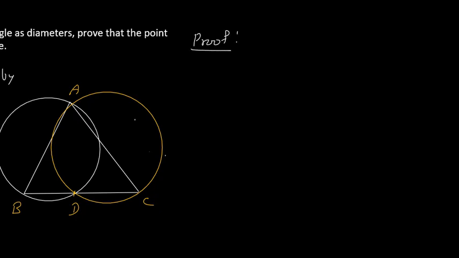Now to prove that this point D is on side BC, if I am able to prove that BDC is forming a linear pair, means if I join this AD, and I am able to prove that this BDA and ADC form a linear pair, then my work will be done.